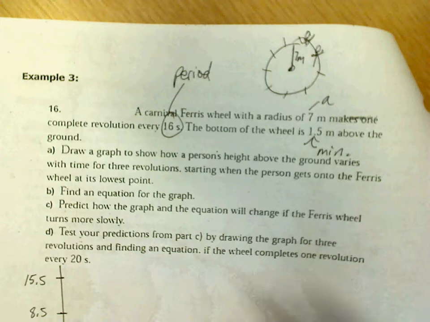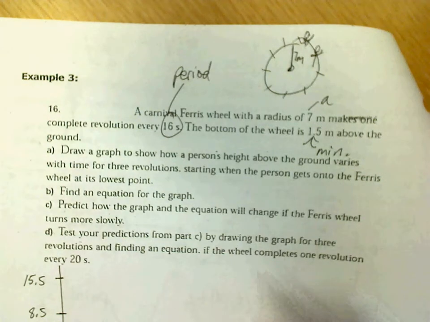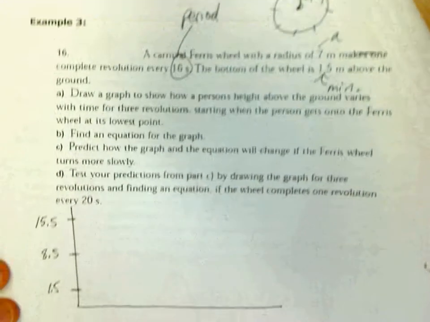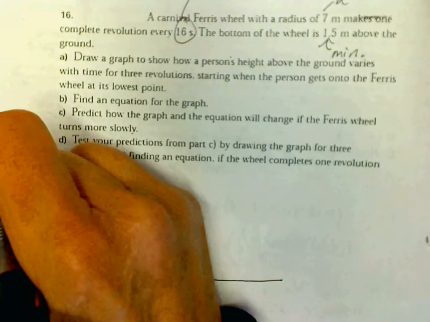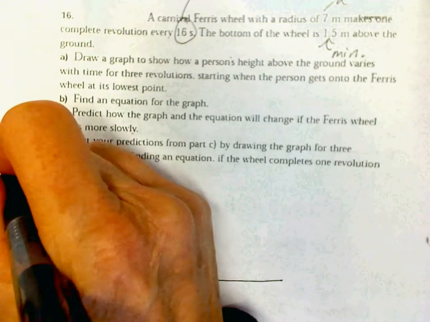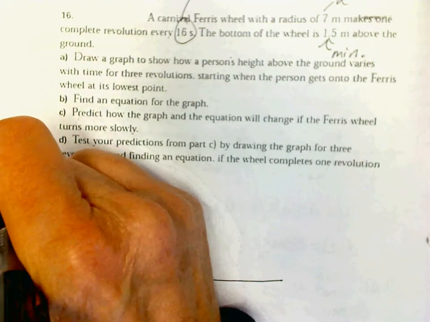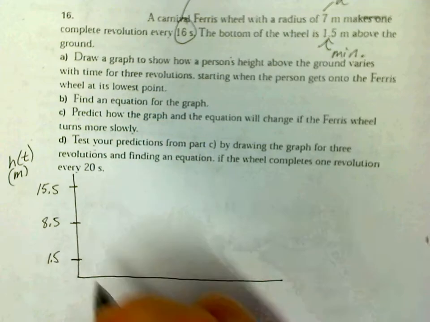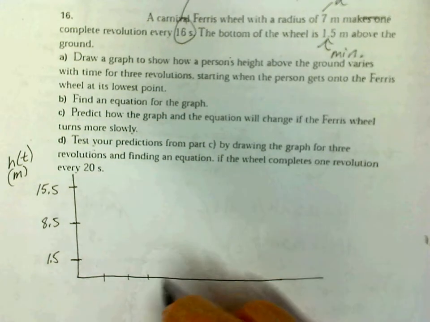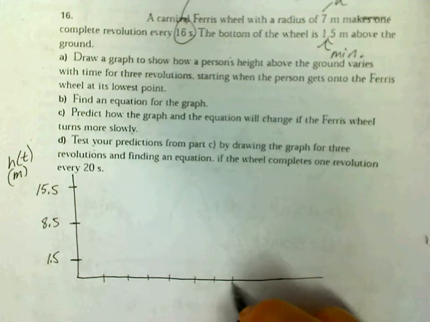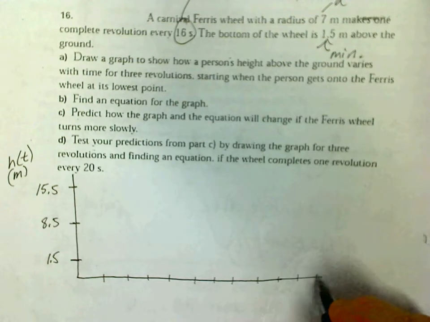Okay, so we're doing height with respect to time, and we're doing it in meters. They want 3 cycles, so it's 1, 2, 3, 4, for each cycle. And this is time in seconds.